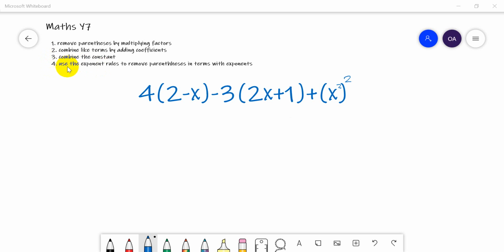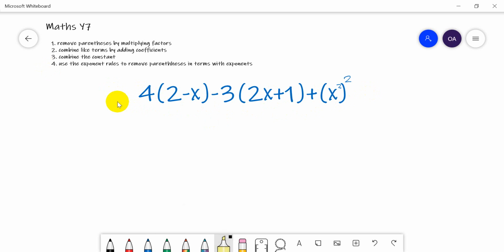If we are having exponent form, we can use the exponent rules to remove parentheses in terms with exponents. So let's take a look at these examples. When simplifying an expression, the first thing to look for is whether you can clear any parentheses.